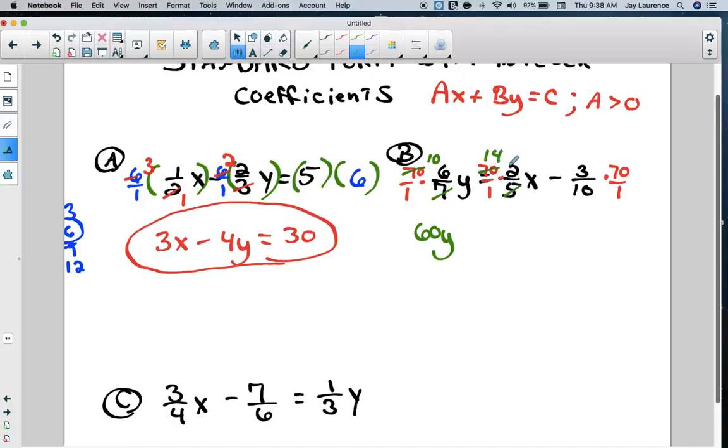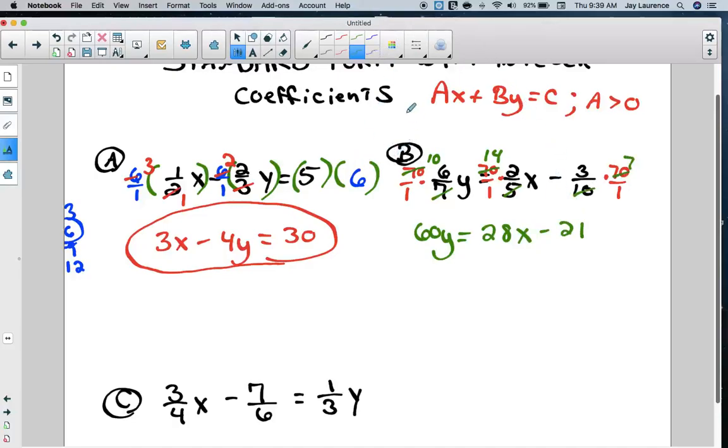Now I'll do 14 times 2, which is 28x, and then 10 goes into 70 7 times, and that will be minus 21. All right, now I'm not done with this problem because I'm not in standard form.